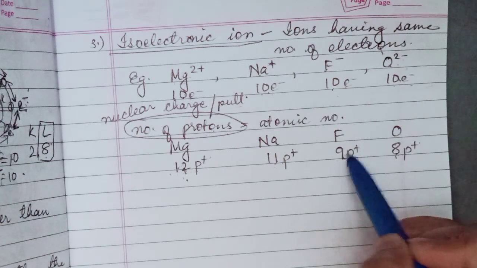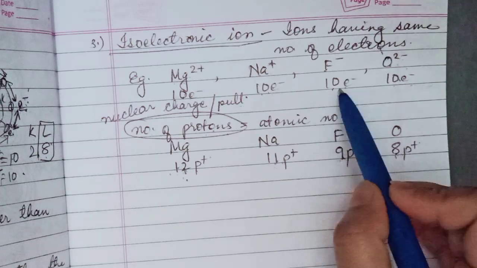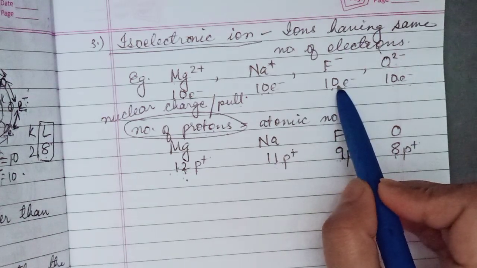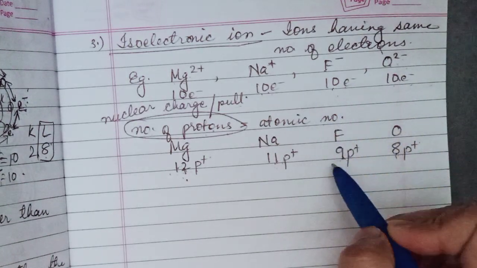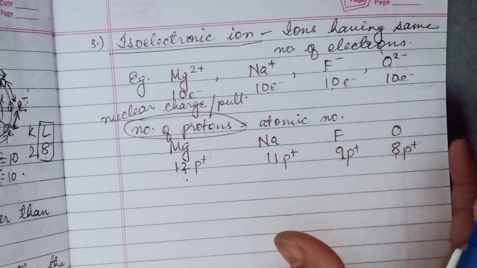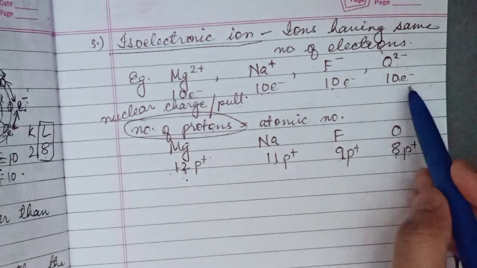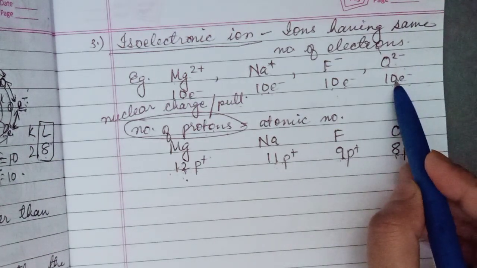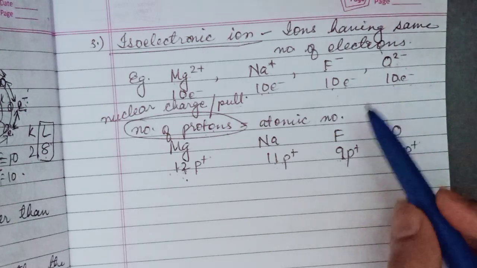But here the case is different. Here the number of protons is only 9 and these 9 protons have to pull 10 electrons. That means the electrons are more but the nuclear charge is less, so it will not be able to attract all the electrons toward itself. That's why the size will be more. Here also there are 8 protons and they have to attract 10 electrons, so the nuclear pull is very less and the number of electrons is more.